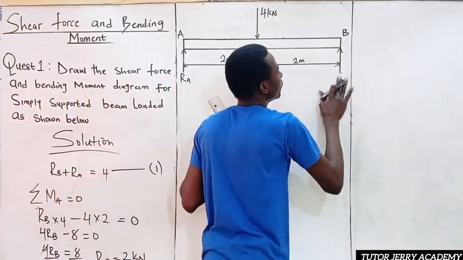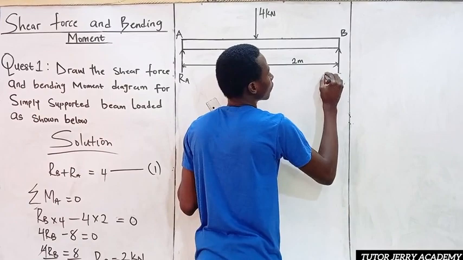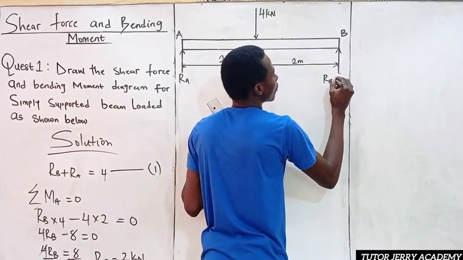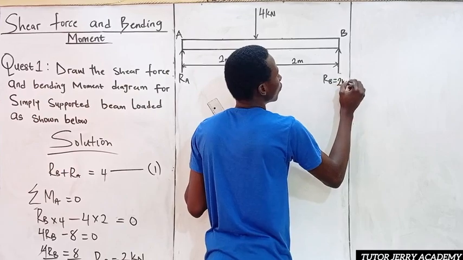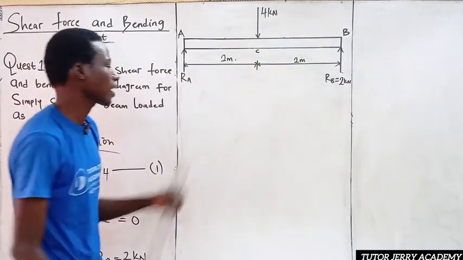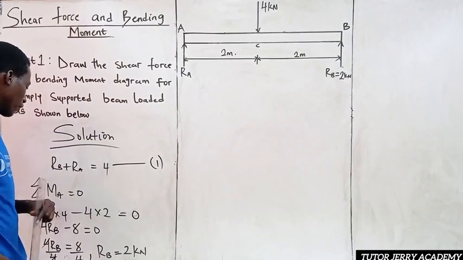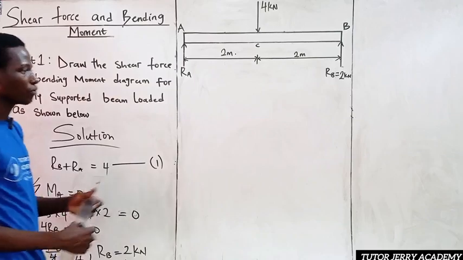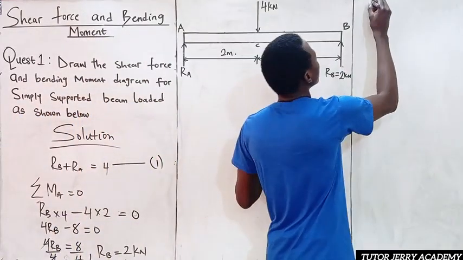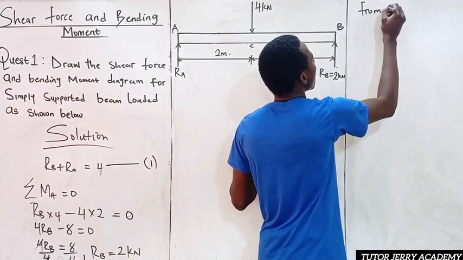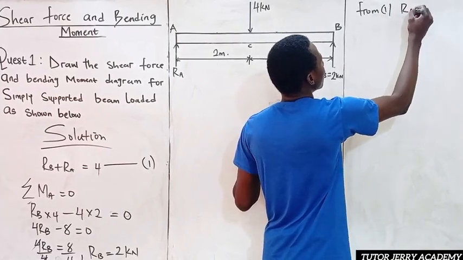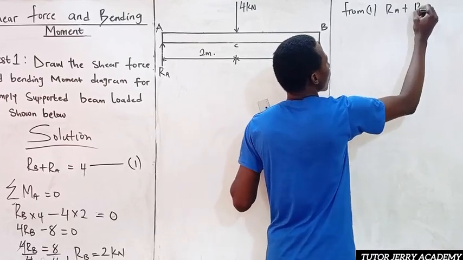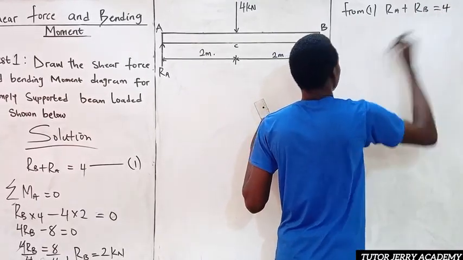So my RB will be equal to 2 kilonewton. That's my value for RB. Now don't forget that from equation 1, RA plus RB is equal to 4.